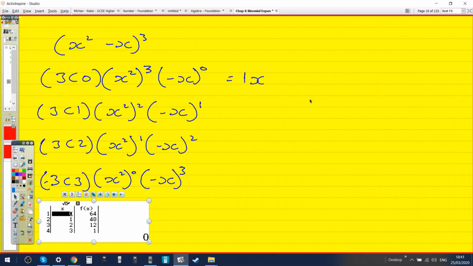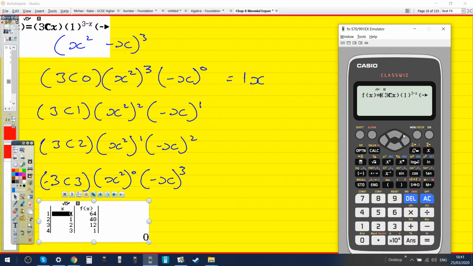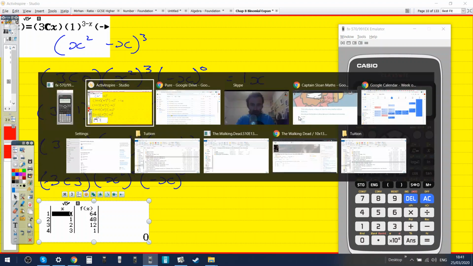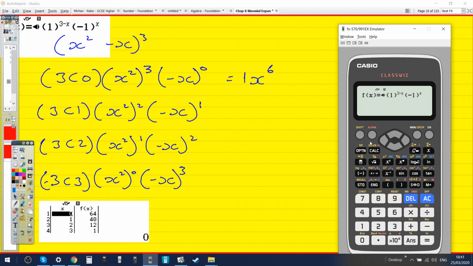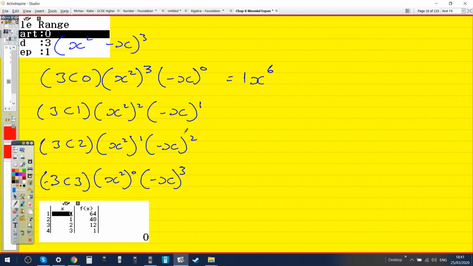Mm-hmm. So x to the power of 5. You've forgotten your GCSE. Oh, 6. Yep. And then the next one, I got minus 3 x to the power of 4.